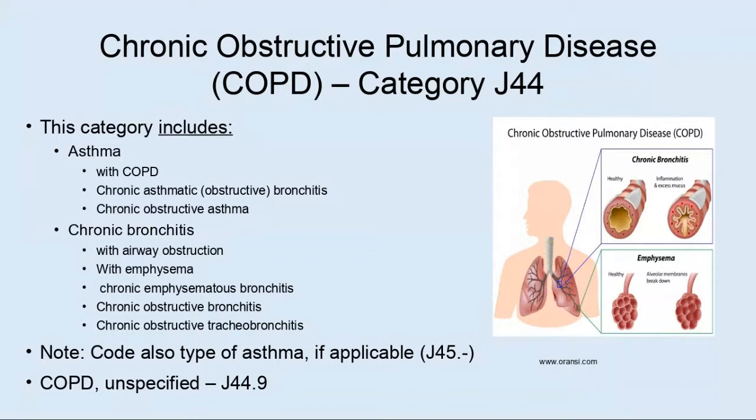Now there's a note under the COPD and under the asthma code: code also type of asthma if applicable. So that's referring you to the J45. COPD unspecified is J44.9.